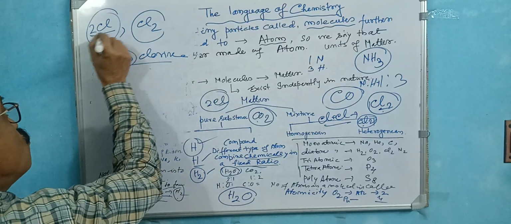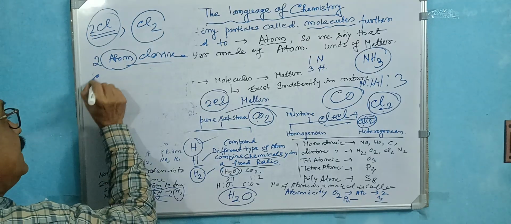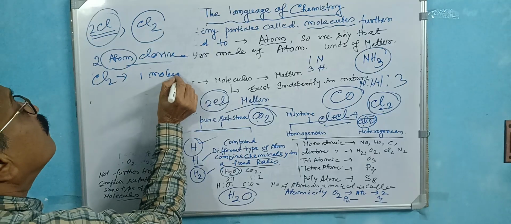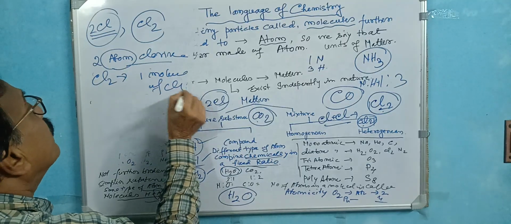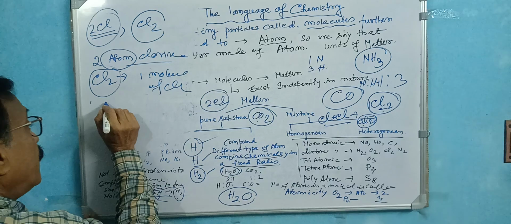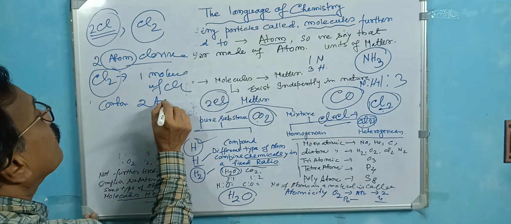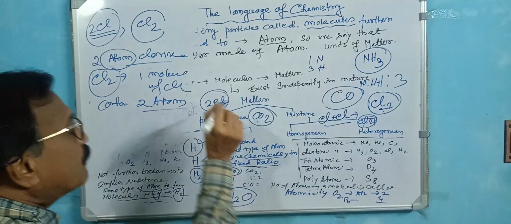Very important, 2 atoms of chlorine. Cl2 means 1 molecule of chlorine. If the molecule form is there, it contains 2 atoms. This is the basic difference.